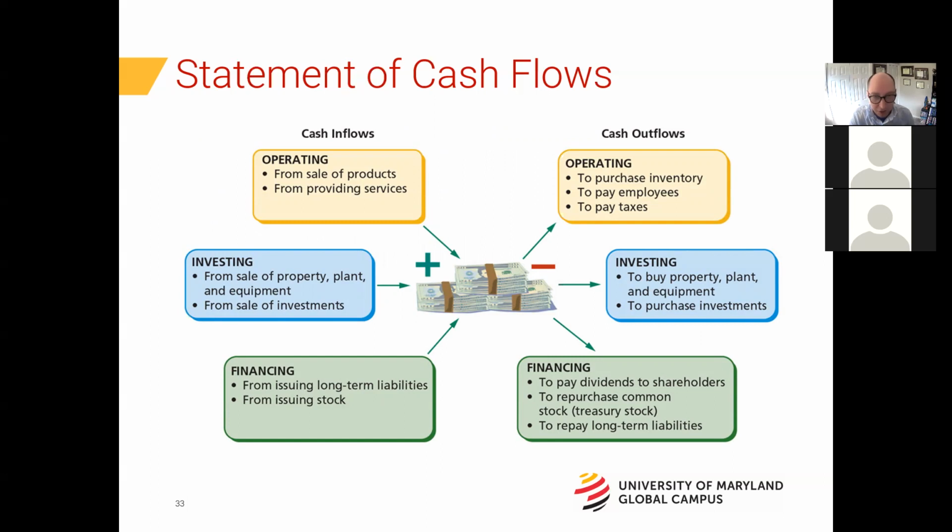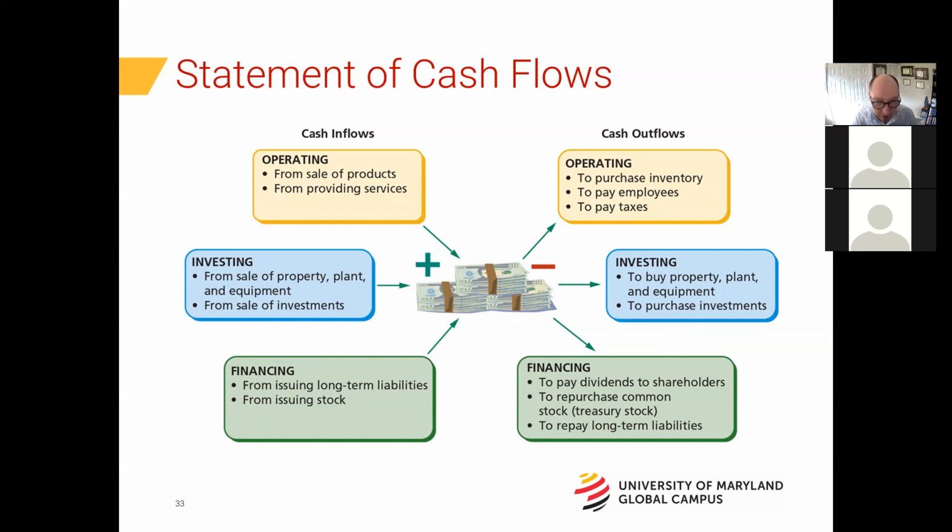From operations, cash coming in is the sale of products or services. Cash going out is the payment of bills, the payment for inventory, the payment to employees, the payment of taxes, day-to-day operations. Cash coming into the business from investing is the sale of property, plant, and equipment. Cash coming out of the business is the purchase of property, plant, and equipment for investing activities.